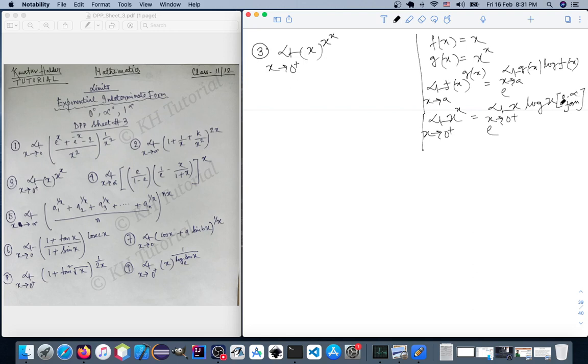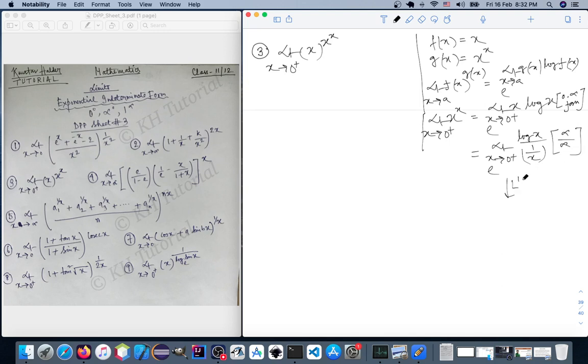0 into infinity form. We can solve this by transforming it to either 0 by 0 form or infinity by infinity form. So this equals limit x tending to 0 positive log x by 1 by x. This becomes infinity by infinity.